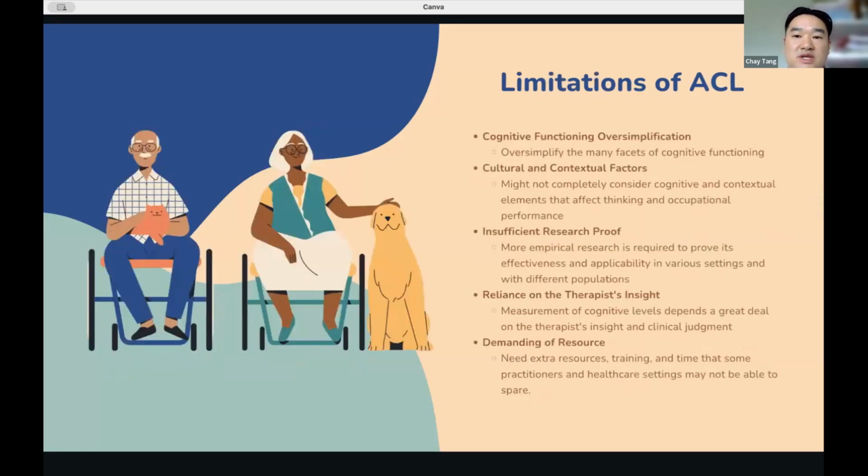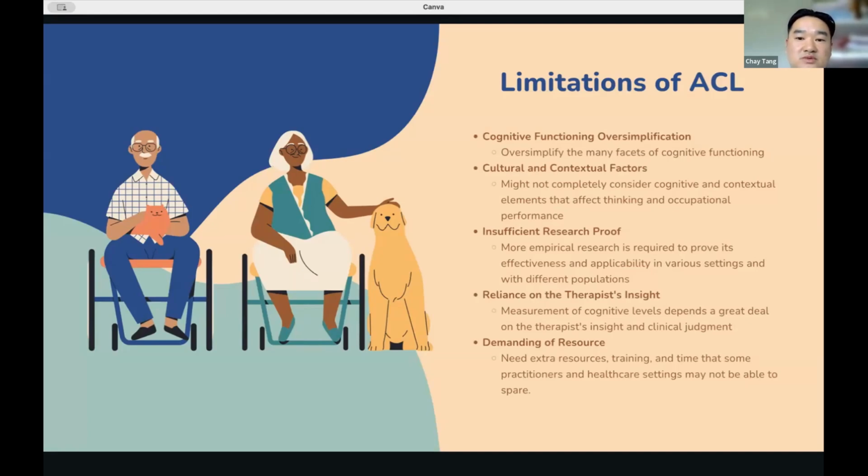Some limitations of the ACL: oversimplification of cognitive functioning, as it oversimplifies the many facets of cognitive functioning. Also, cultural and contextual factors: it might not completely consider cognitive and contextual elements that affect thinking and occupational performance.